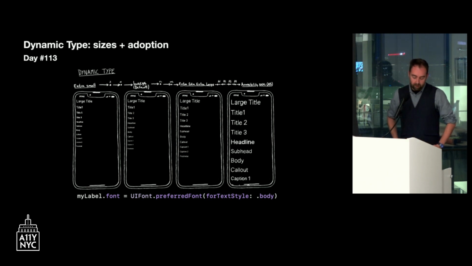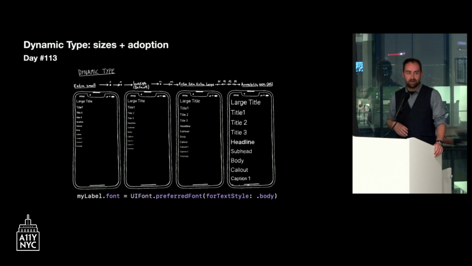And for the accessibility extra large, I think the interesting thing to know is that not all these styles scale proportionally. So when you get to the maximum size, all the styles are pretty much the same size. You can still find some sense of hierarchy, but they get much closer together. And I think that's super smart, because the large title style is already quite large, but the body style is quite small.